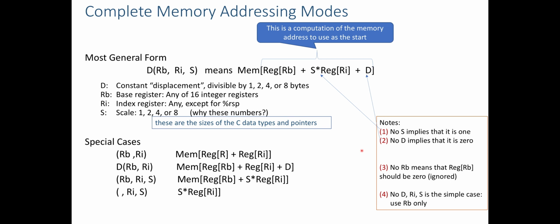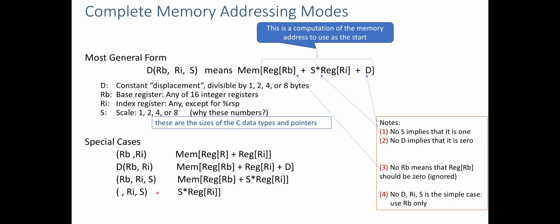We could have no RB, and that means that one should be ignored. And we'll see that's this one right here, where there's no RB, right? And we can have no D. And you see 3 of these examples have that case.